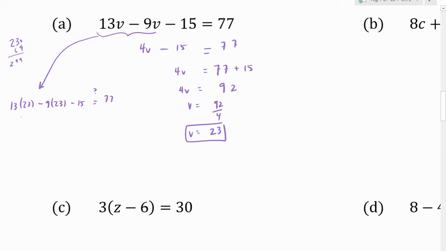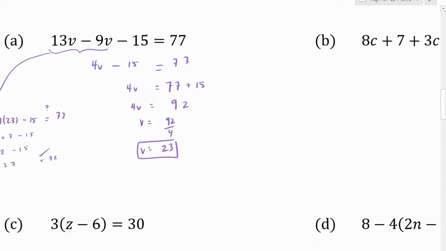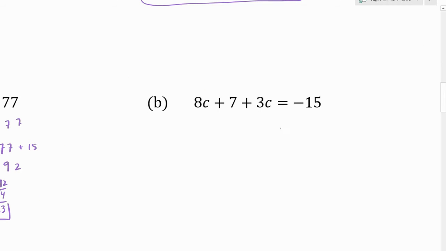It's 299. 27, carry the 2. 207. 207 minus 15. 12 minus 15. We're right.